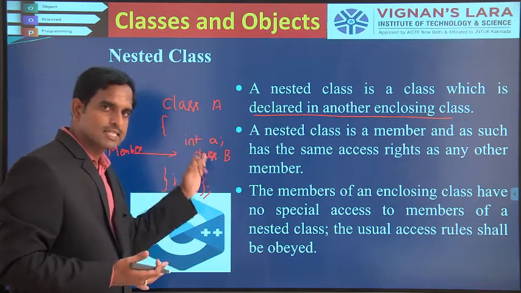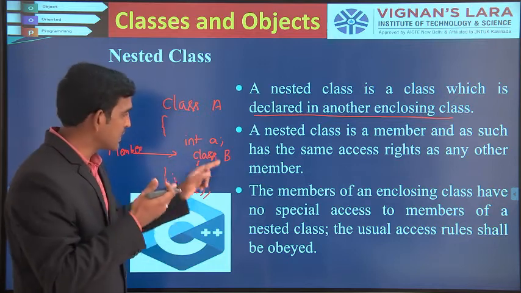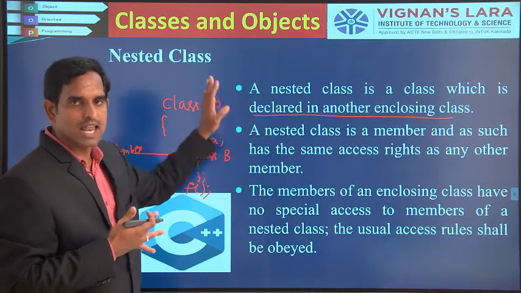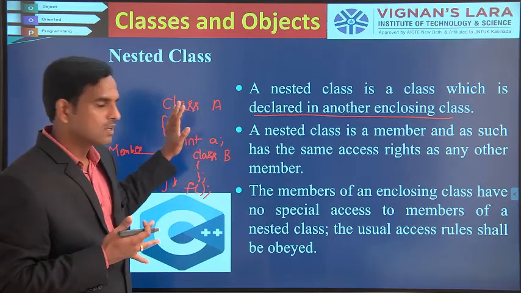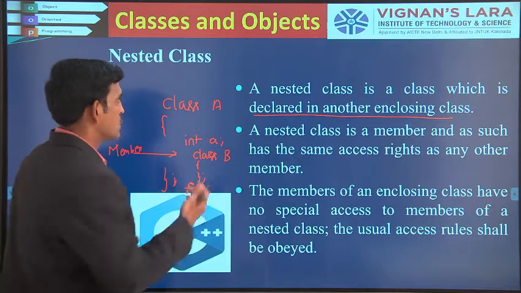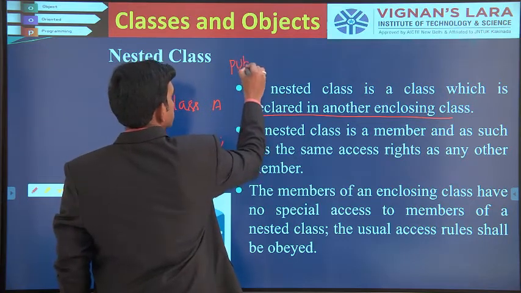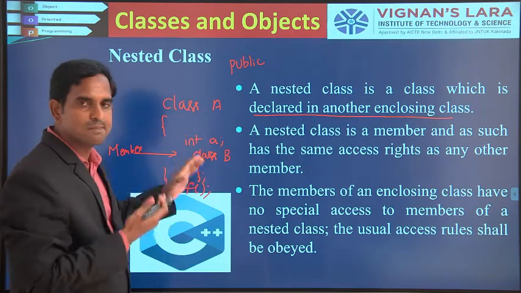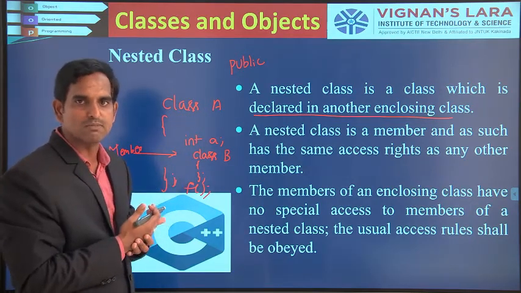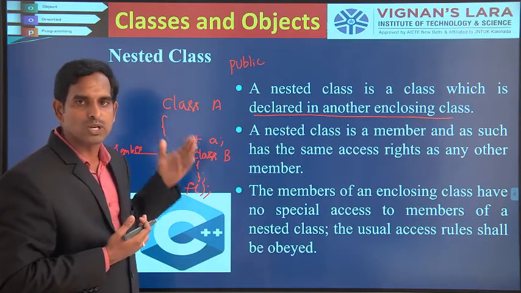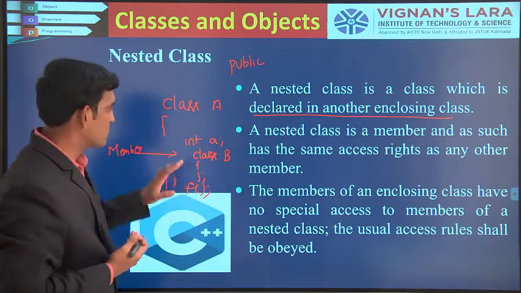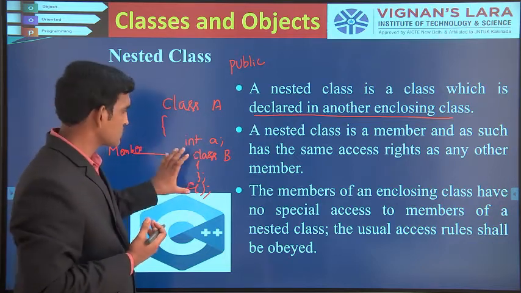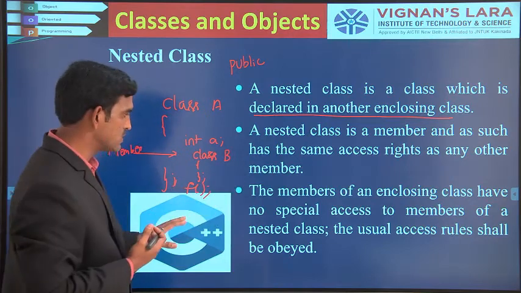Since the class is written inside another class, class B will act as a member of class A. Whatever access rights you specify, if you specify it as public, it acts as a public member; if private, a private member; if protected, a protected member. So it has the same rights as any other member of the class. We will see how to implement this next.